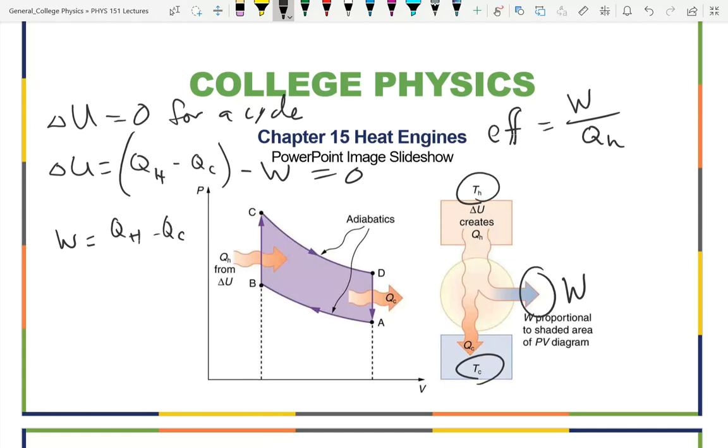That's really simple. That's just conservation of energy. So I can rewrite the efficiency as Q hot minus Q cold over Q hot, or 1 minus Q cold over Q hot. In that final form, it makes it real clear. If you could make Q cold zero, you would have a perfect efficiency. But you can't do that according to the laws of thermodynamics.